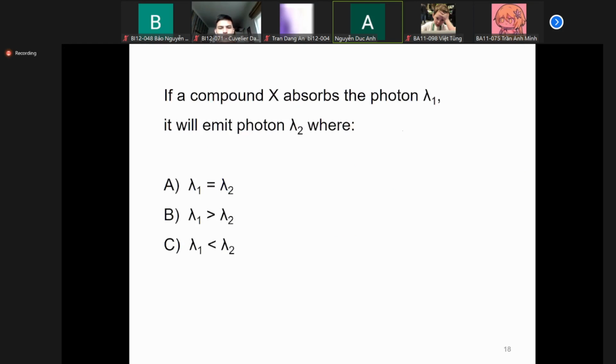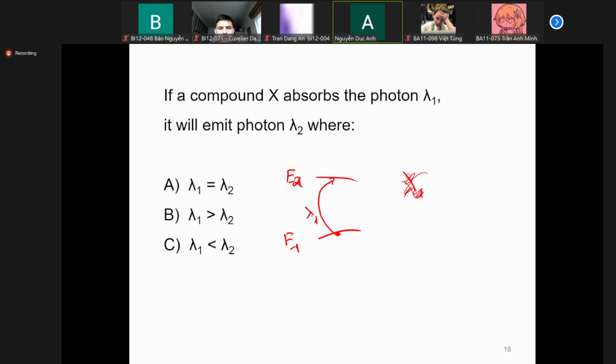So let's answer this question. If a compound X absorbs a photon of lambda 1, the process is from E1 to E2, so the electron is jumping from lower to higher, and it needs lambda 1.